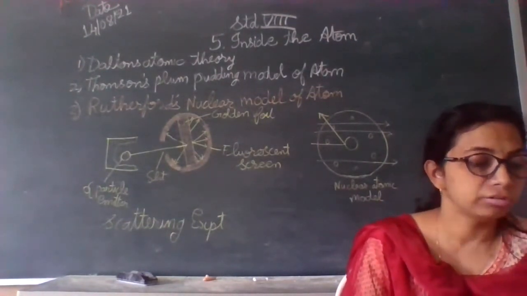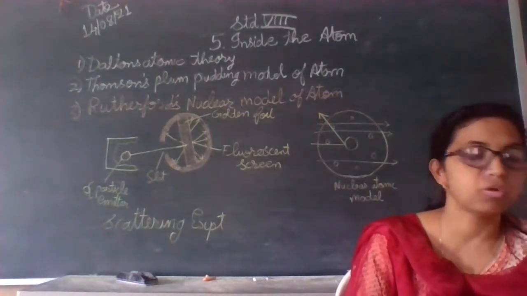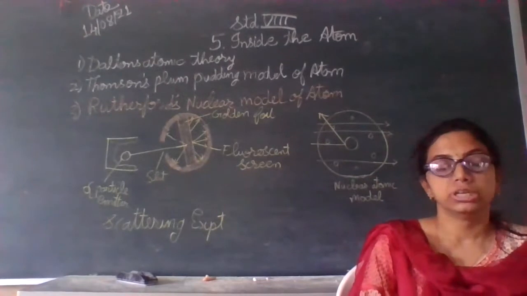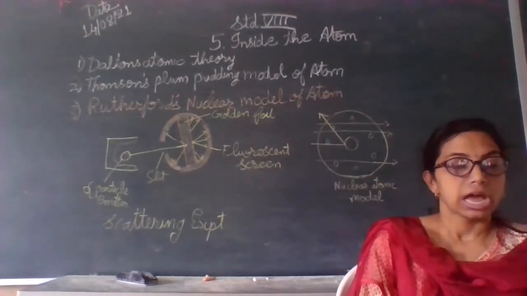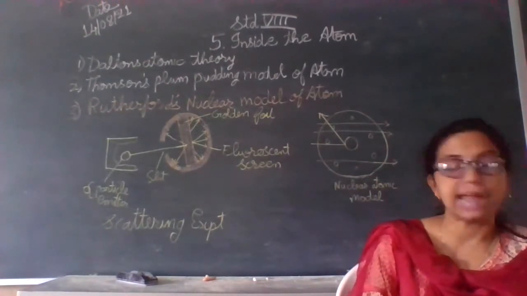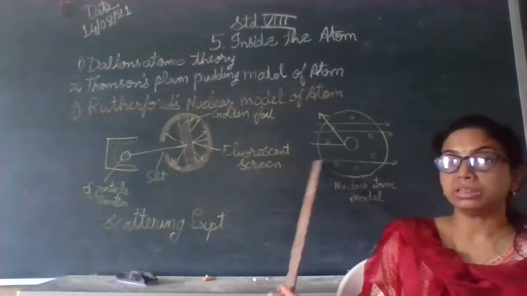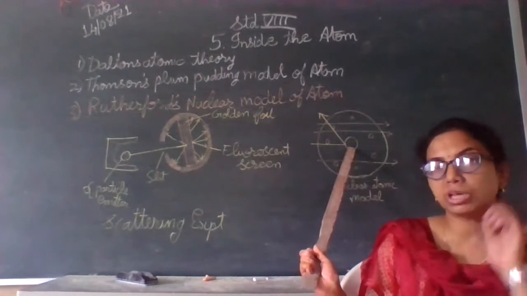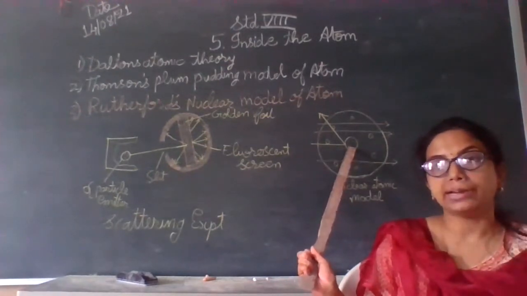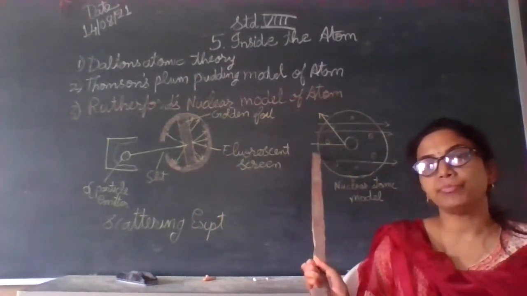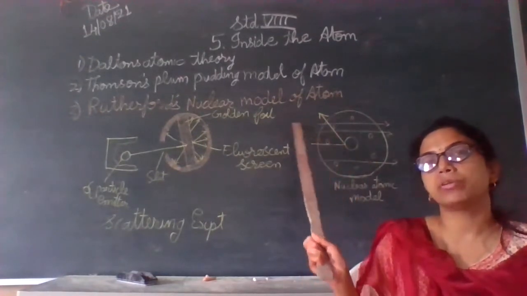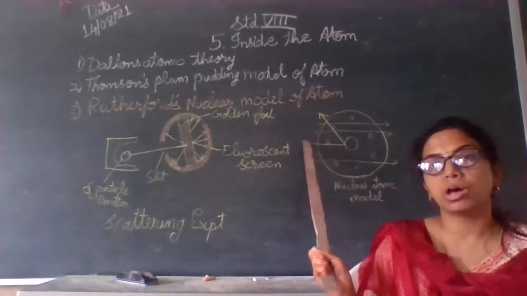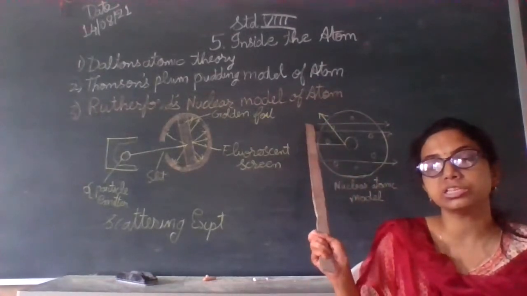From this, Rutherford put forward a nuclear model of atom, and according to his atom, the main concentration was at the center. That became the nucleus of the atom, and the particles revolving around this positively charged nucleus were the negatively charged particles.